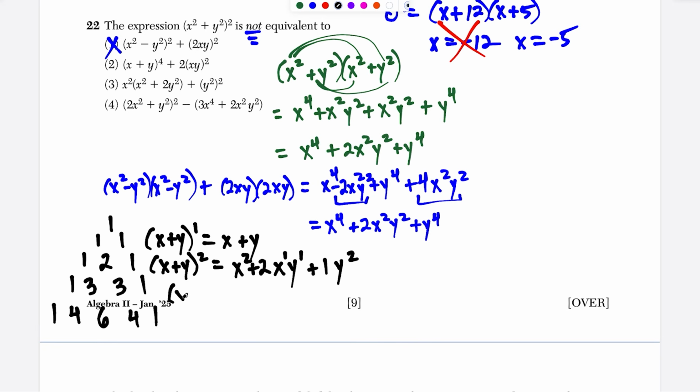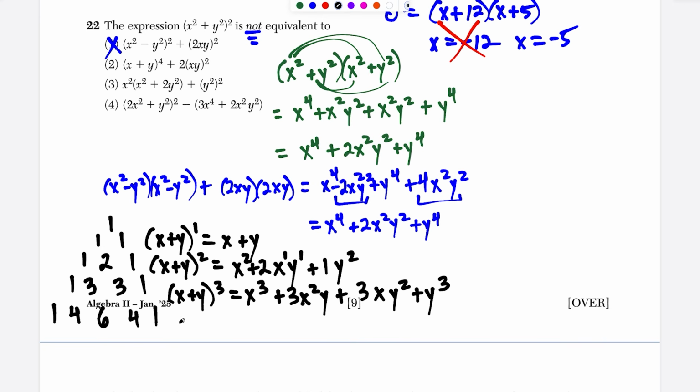If I had to do x plus y to the third power, using Pascal's triangle, it would be 1x to the third, and then I would have a 3 and an x squared y. I bring my x down by a power of 1, and I bump my y up a power of 1. Then my next coefficient is 3, I bring my x down 1 power and my y up 1 power, and my last term would be y to the third.